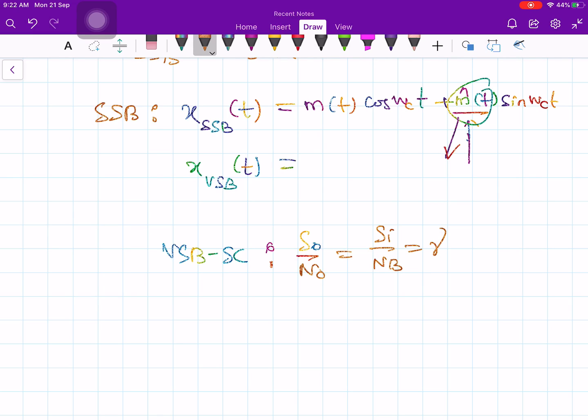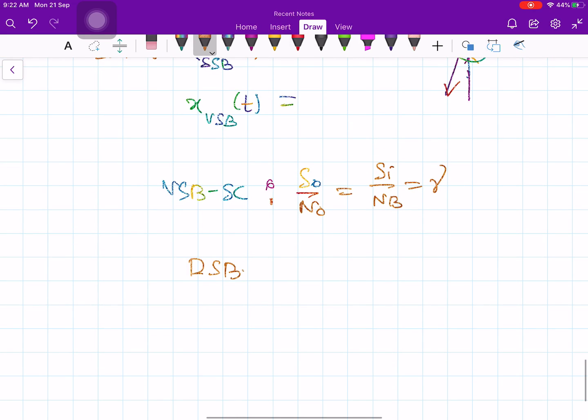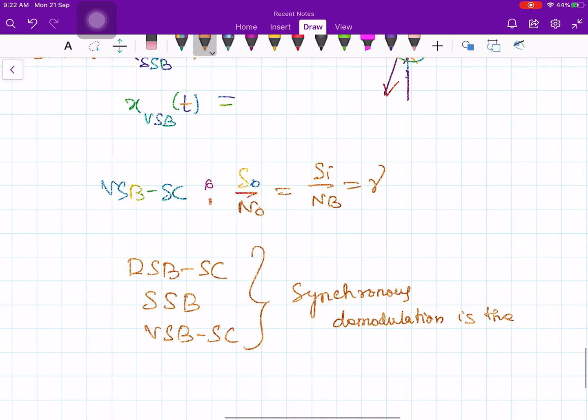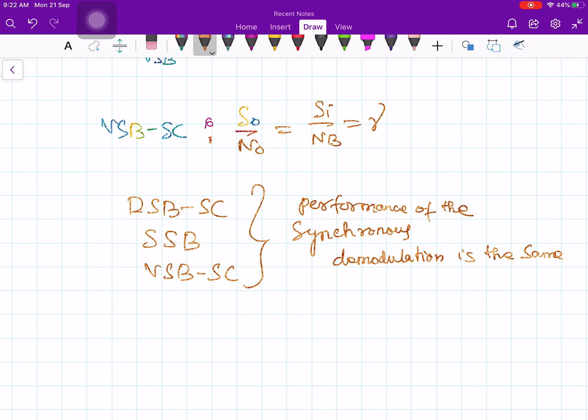So whether it is DSB SC, whether it is single sideband modulation, whether it is VSB SC, vestigial sideband suppressed carrier modulation, the performance of the system after synchronous demodulation is the same as that of the baseband communication system.